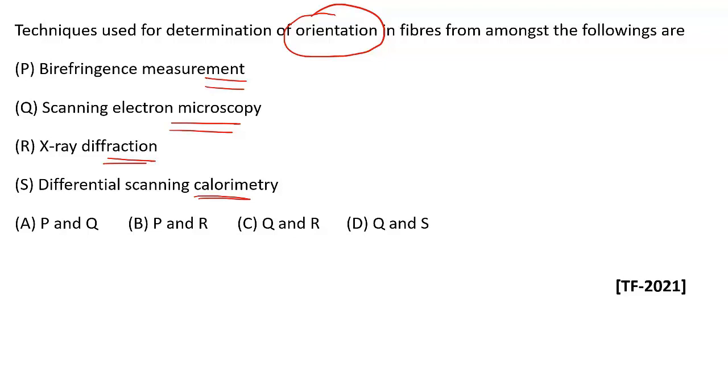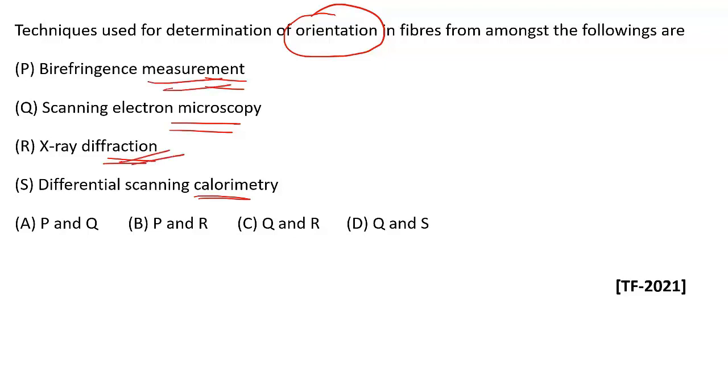SEM is used for looking at fiber morphology, fiber structure at a very small scale. Orientation means how well oriented the fiber is. Birefringence measurement and X-ray diffraction are used for measurement of fiber orientation.